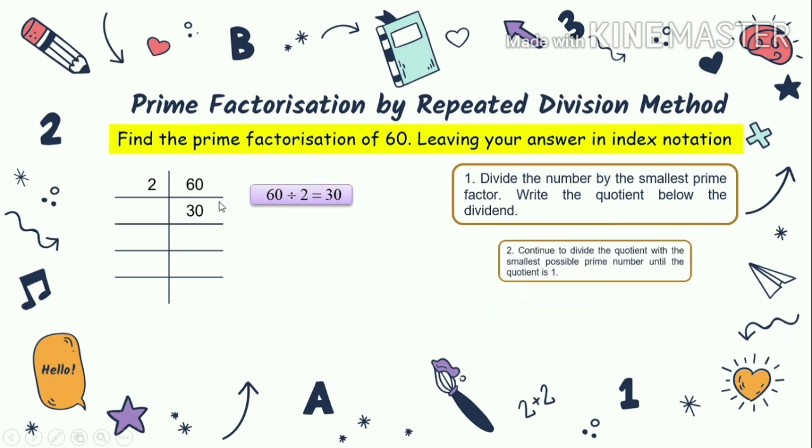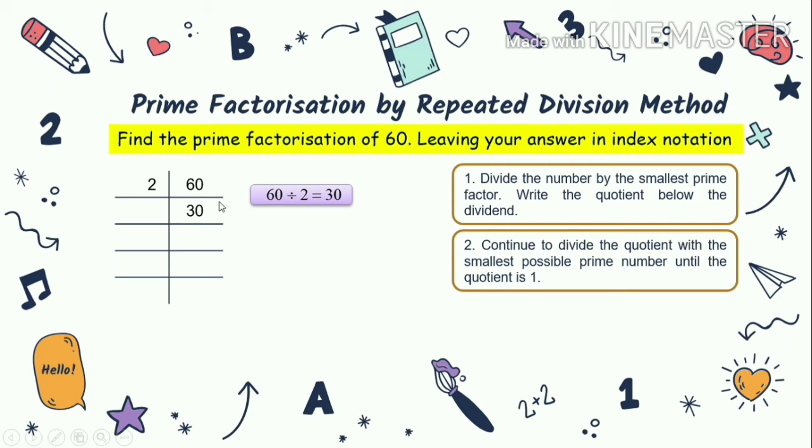Next step, you continue to divide the quotient by the smallest possible prime number until the quotient is 1. So 30 divided by 2 equals 15, and you write 15 below 30. Remember you need to continue until the quotient is 1.